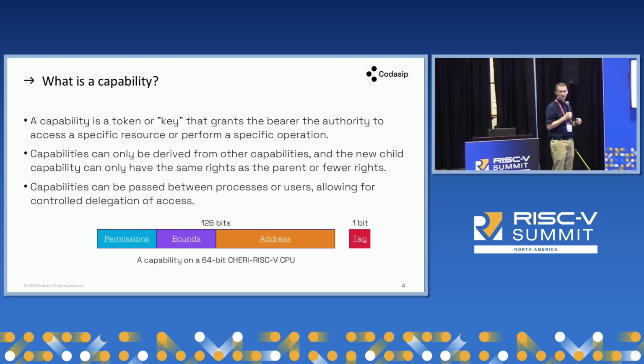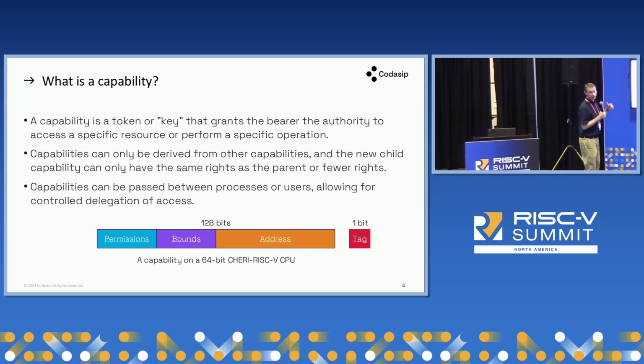And what we do in the system is pass these tokens around. We can derive other capabilities from a capability, but it must have fewer rights every time. So either the same or smaller bounds, or the same or fewer permissions. That way we can start on boot with a capability that covers everything, all bounds in memory, all permissions. And then as we go along, we constrain it to smaller and smaller things.